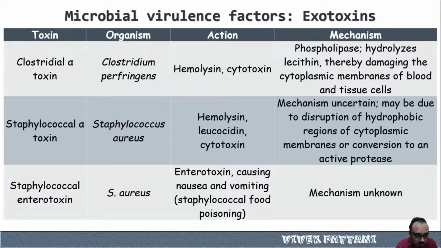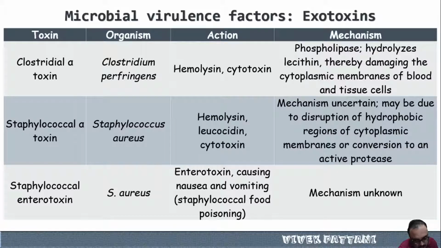Another one: bacteria can also become toxigenic by acquiring a plasmid that carries a gene for a toxin. For example, some strains of E. coli are capable of causing diarrhea because they contain a plasmid whose DNA encodes an enterotoxin.